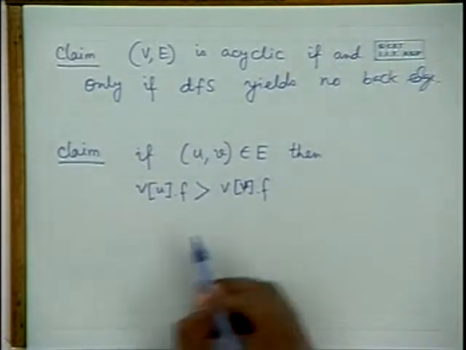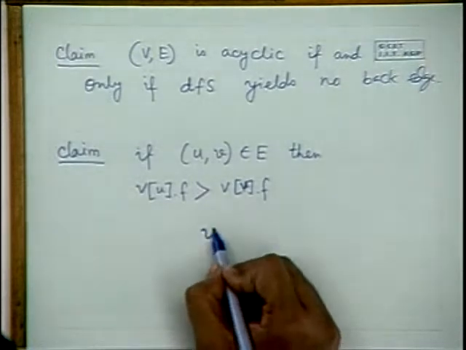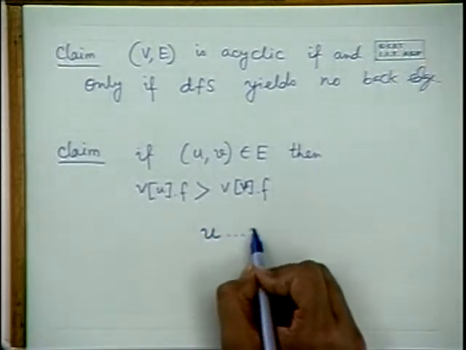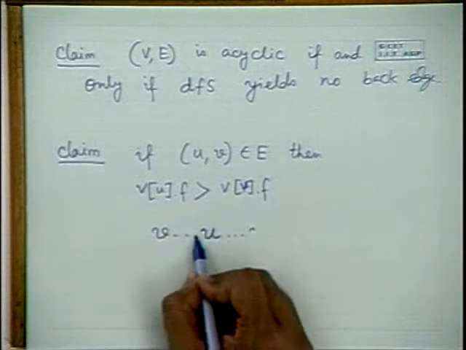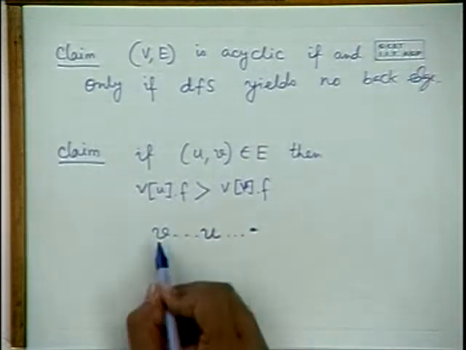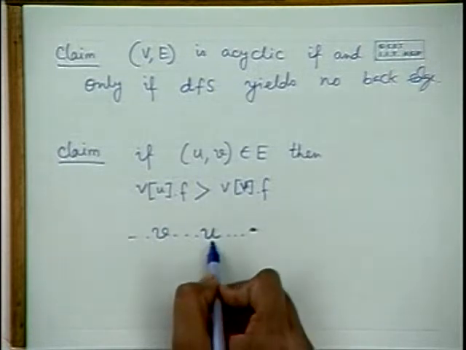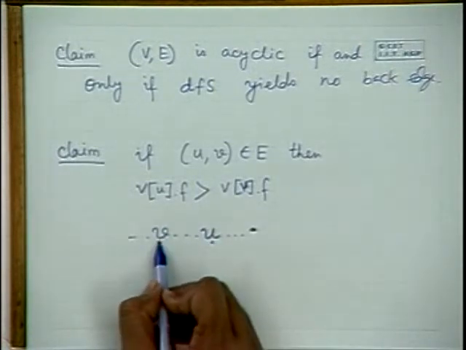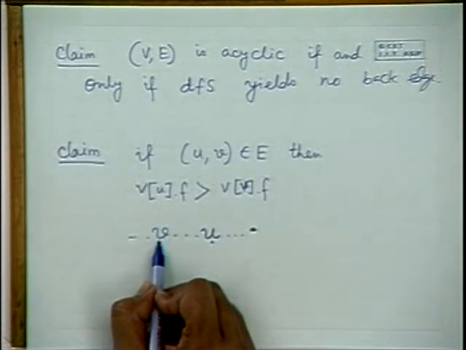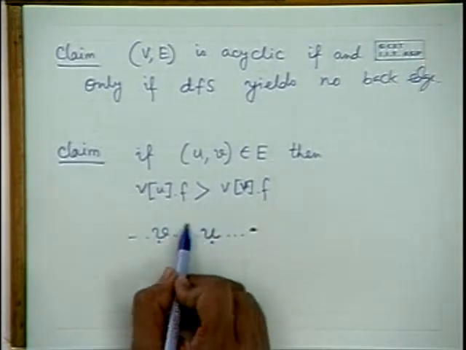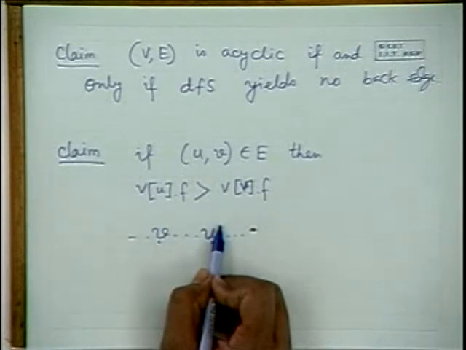Suppose I have outputted V here and U here in the sequence. So I know the F field of U is higher than the F field of V. So it can only allow an edge from U to V, not V to U. That's not possible.